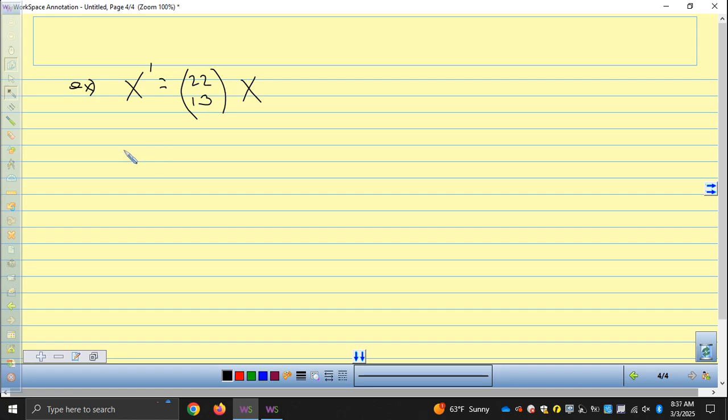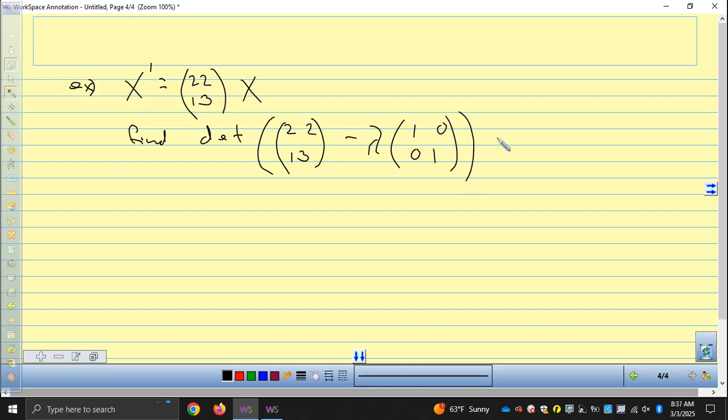So we need to find the determinant. And I'm going to write this out explicitly. The matrix 2, 2, 1, 3 minus lambda times our 2 by 2 identity matrix. We need that determinant to be 0.